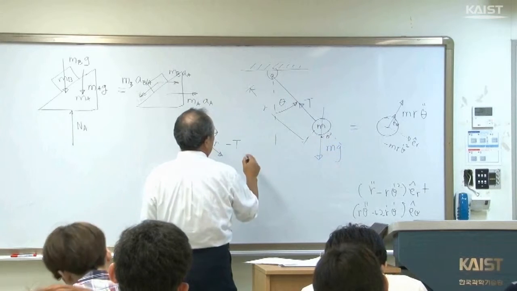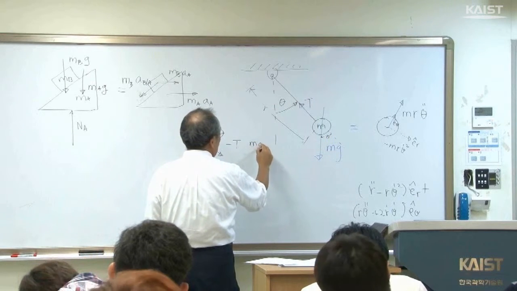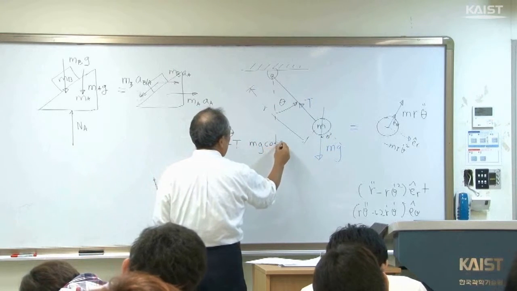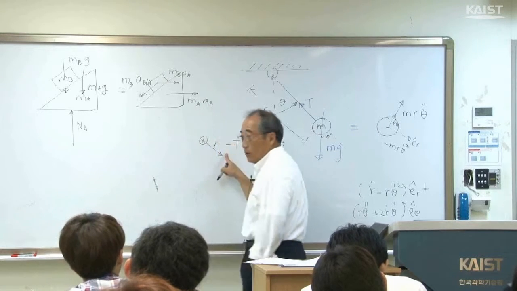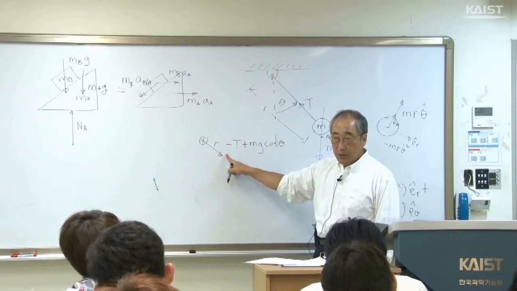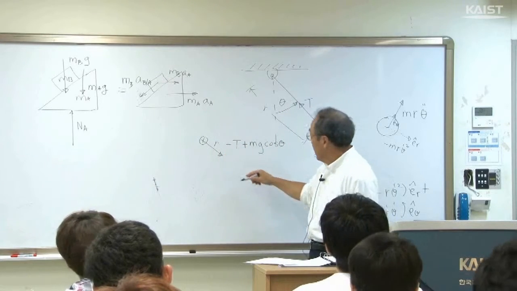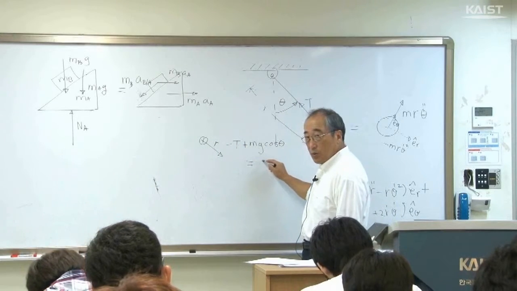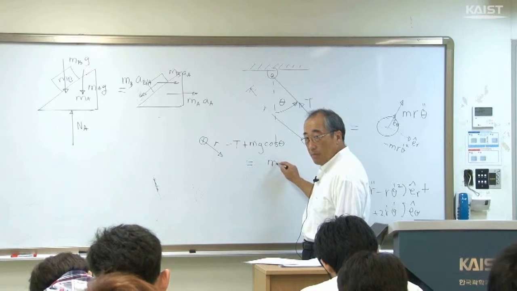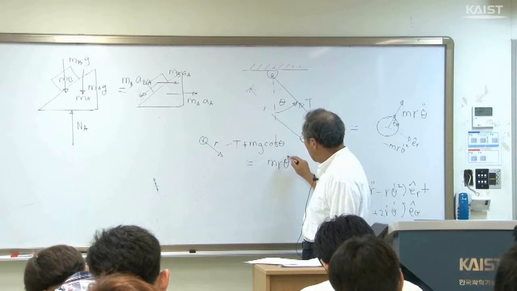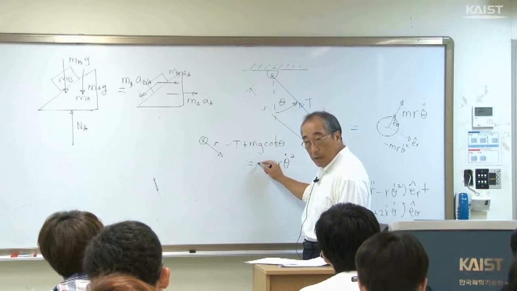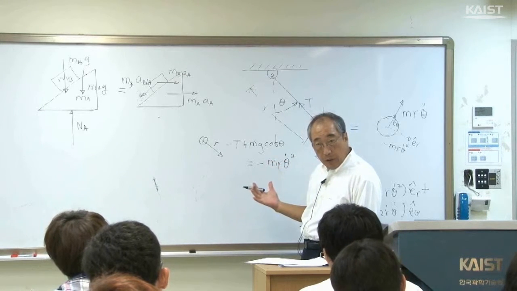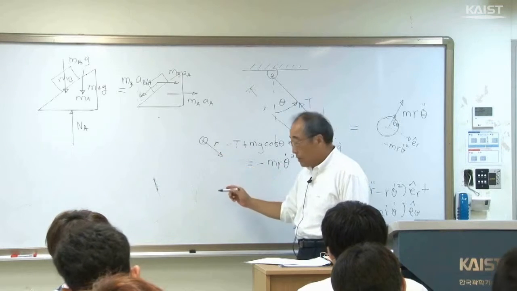Therefore, I have mg cosine theta that has a plus direction according to the coordinate I'm using, and that has to be equal to m r theta dot square, minus. Okay, we follow the sign convention of this.